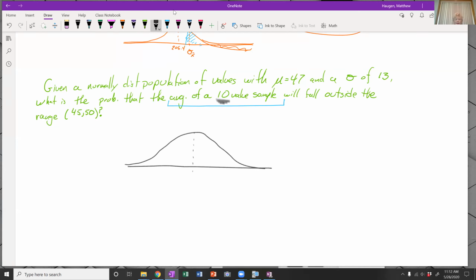Usually to be normal, our sample size has to be at least 30. How do we know in this case that our sampling distribution is normal, even though the sample size is only 10? Because they tell us it's normal. What do they tell us is normal? The normal distribution population of values.